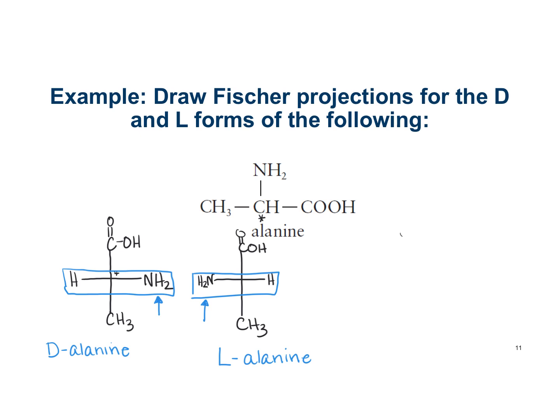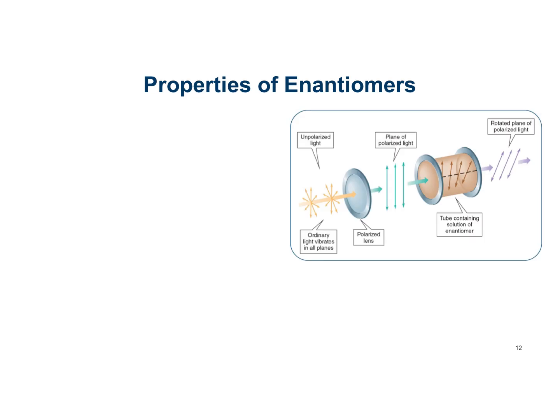Now, the reason that we talk a lot about this is because the physical properties of the 2 compounds that make up that pair of D and L isomers are generally the same, but there is an exception, and that's the way solutions of these compounds are affected by polarized light that is passed through them.